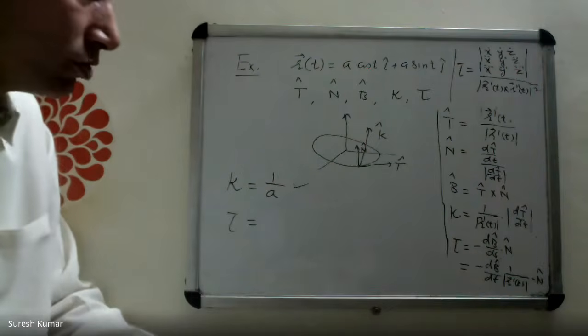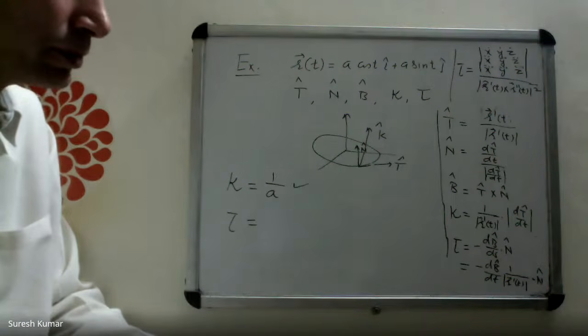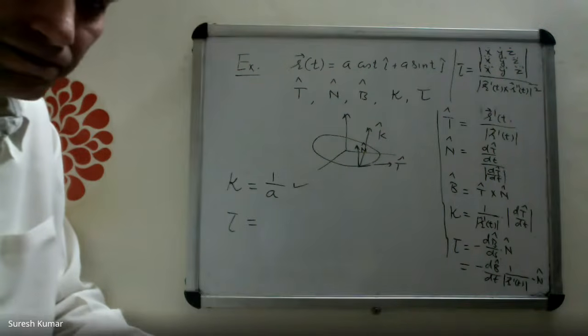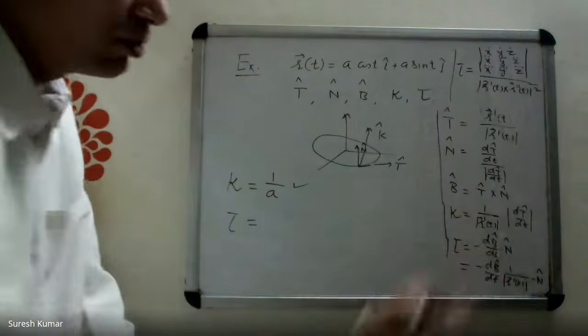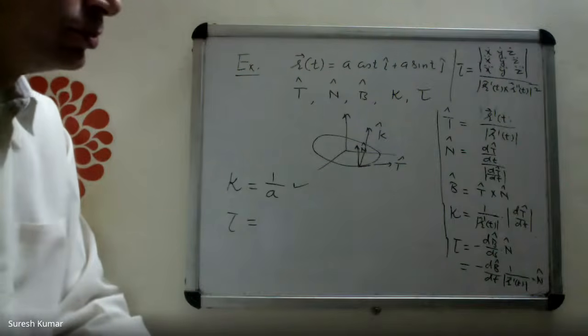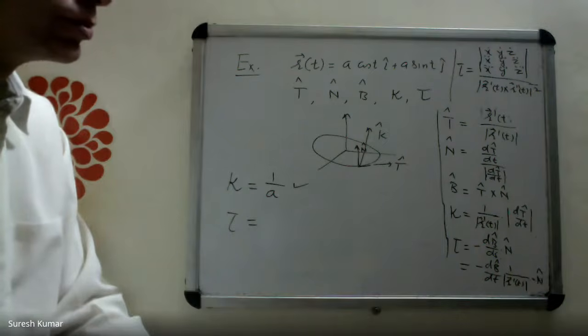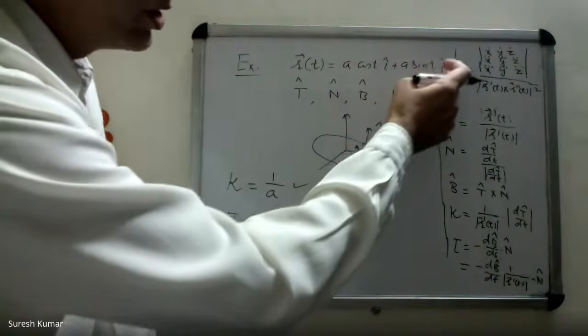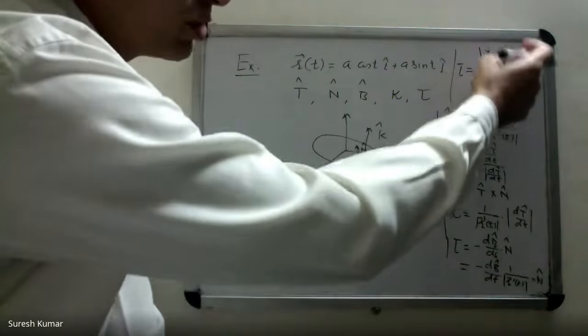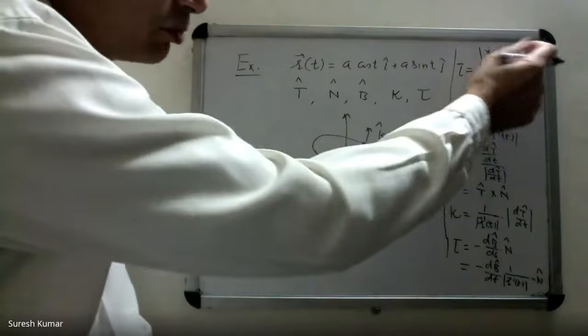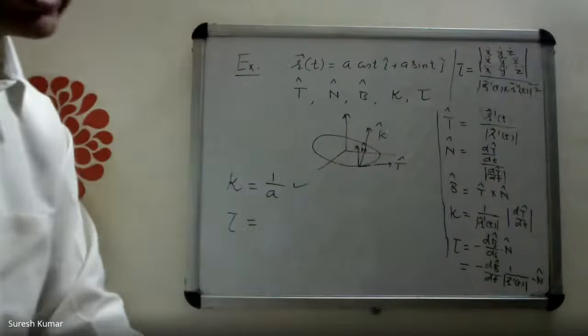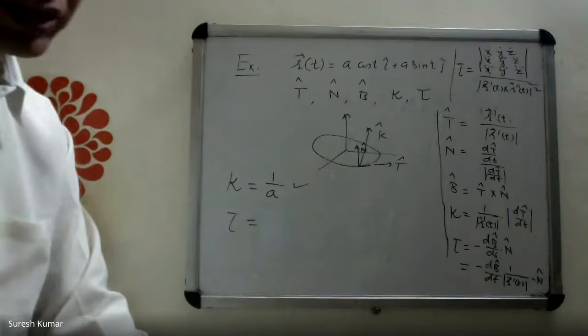What are you getting for torsion? You can use this formula or this formula, it's up to you. You see, the Z component is 0 here. So if you use the third column, Z dot, Z double dot, Z triple dot, that complete column is 0 in that determinant because there is no Z component in this curve.